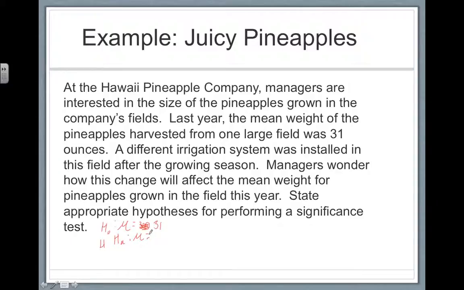We're just claiming, is it going to be different than 31 ounces? So we're saying, is the mean going to not be equal to 31? We can have a less than, we can have a greater than, or we might not want to specify which way we think it's going to be, but just say that it's not the null.